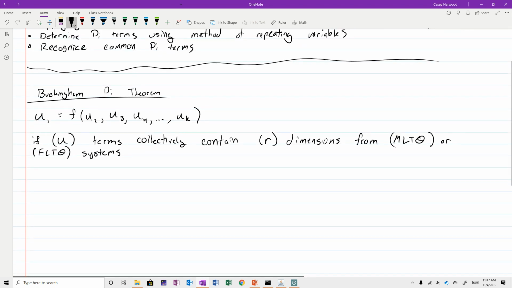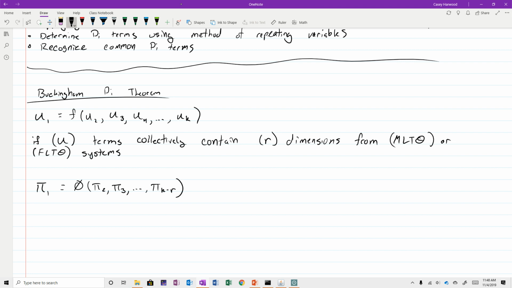Then we can rewrite this. We can capture everything important about this problem by writing pi 1, and this is a pi term, is equal to some function of pi 2, pi 3, so on and so forth, to pi k minus r.